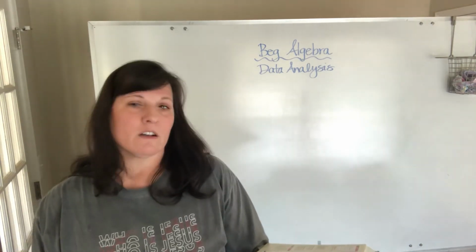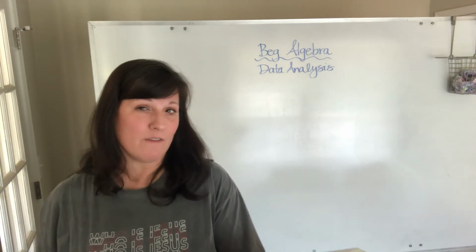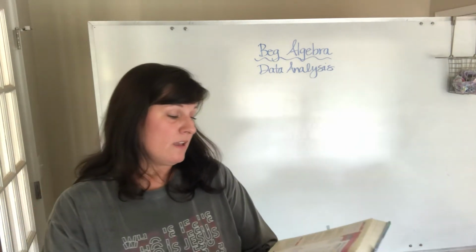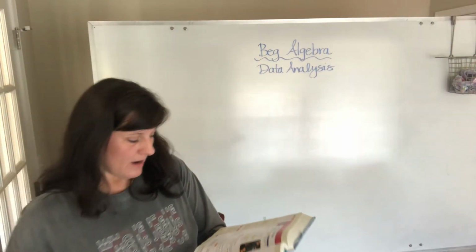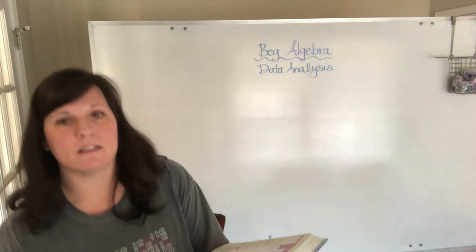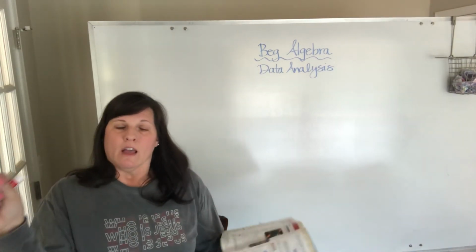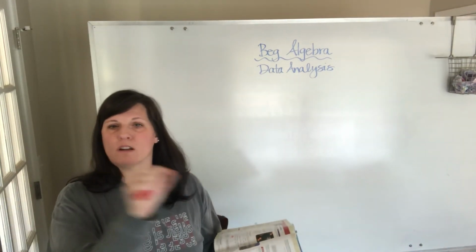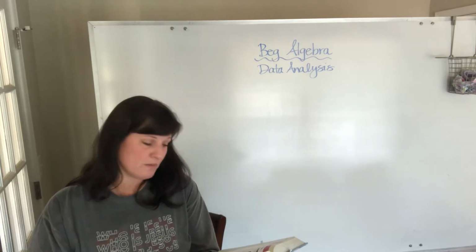So box and whisker has, to me, the most specific of all the information. You're going to really evaluate a lot of details with a box and whisker plot. All right? And you'll notice that these plots have a box in the middle-ish of them, and then a whisker on both sides that shows the highest and the lowest value of your numbers.